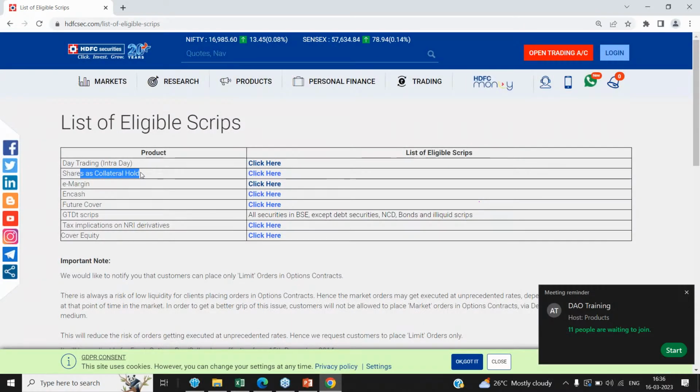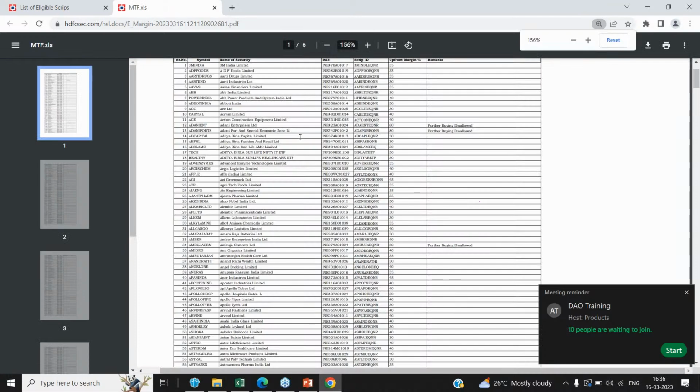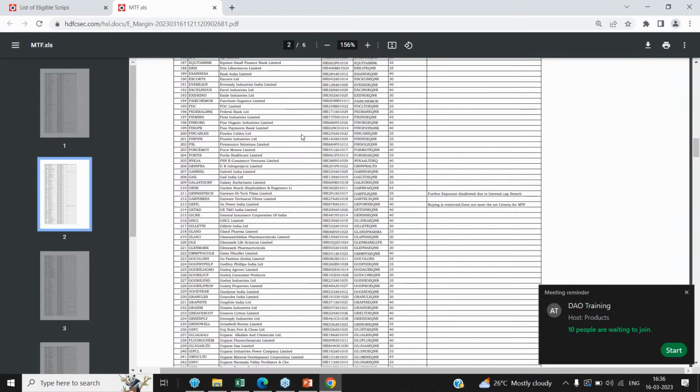So, as I said, customers can simply go ahead and give the shares as collateral, take the limits, and trade in eMargin. So here is the list of shares which customers can place as collateral, and here is the list of shares which customers can place in eMargin. Here you can see the list of stocks which are available.